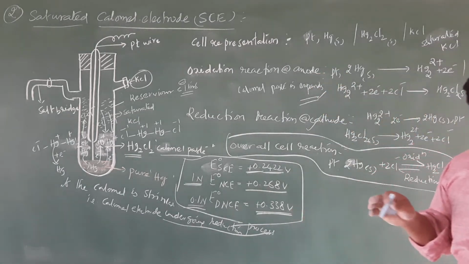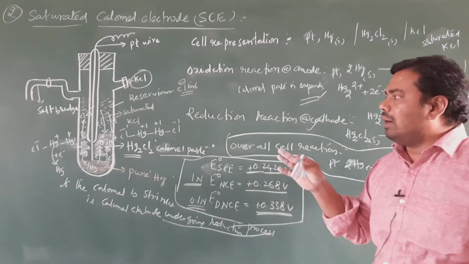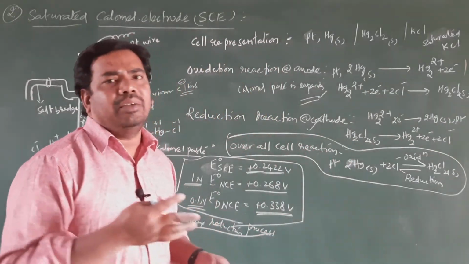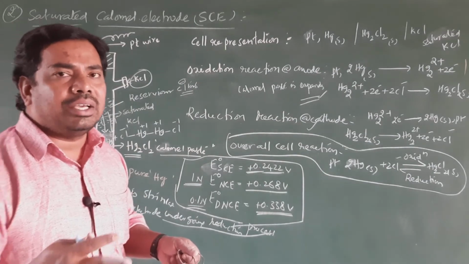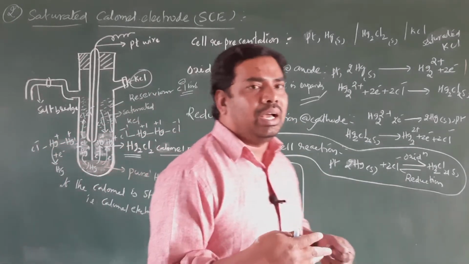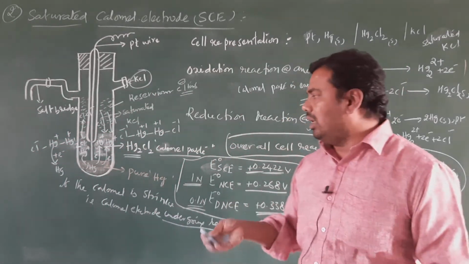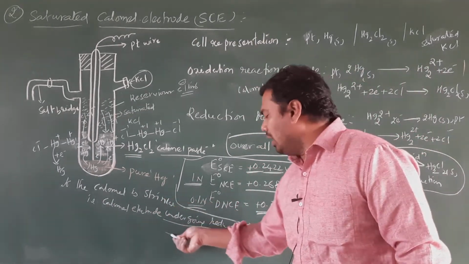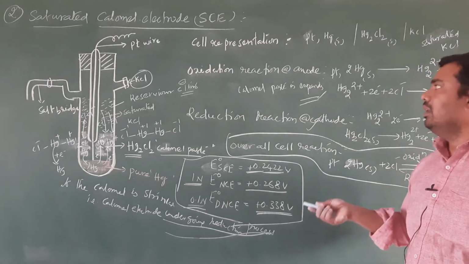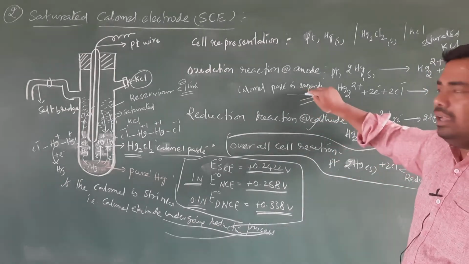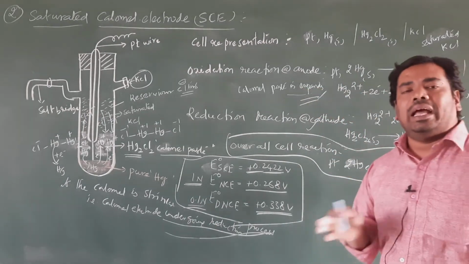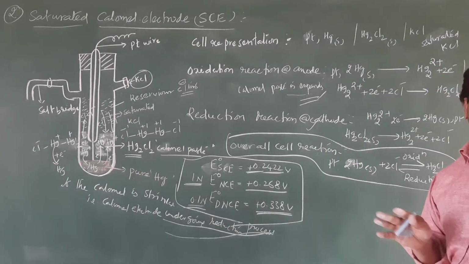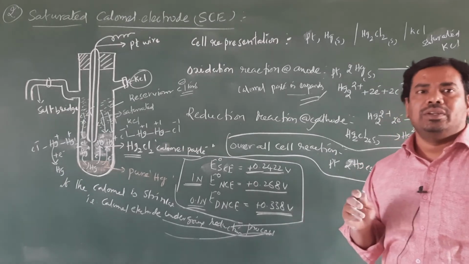So by observing the working of a calomel electrode, we can identify whether the oxidation reaction or the reduction reaction takes place. Clear, student? If the calomel paste is shrinking, you can assume it is undergoing the reduction process. If the calomel paste is expanding, then the calomel electrode works as an anode, meaning the oxidation reaction takes place. Okay, clear, student?